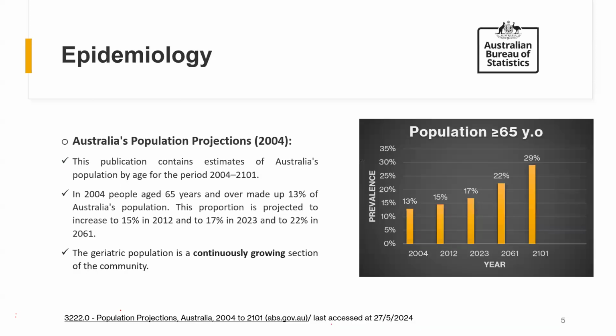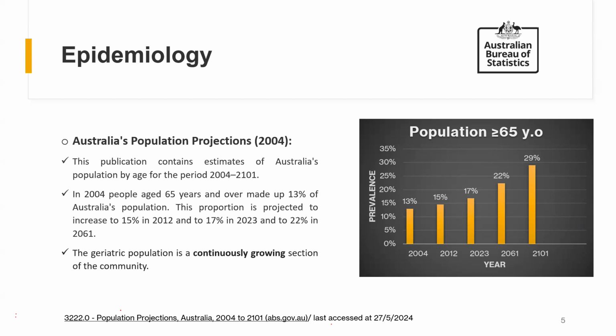Now, for the epidemiology, in 2004, the Australian Bureau of Statistics conducted a projection study to estimate the age of the Australian population for the period from 2004 to 2101. In this projection, they concluded that in 2004, people aged 65 and more made up 13% of the Australian population.